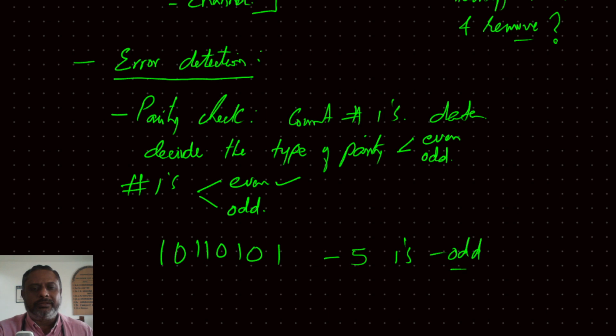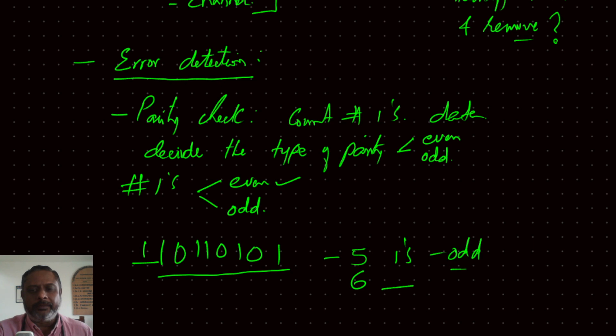To solve this, we can add an extra bit, which has nothing to do with the actual data. This extra bit may be a 0 or a 1 depending on what the actual parity is. If the actual parity is odd, you add a 1 here, so that makes the total number of ones equal to 6.